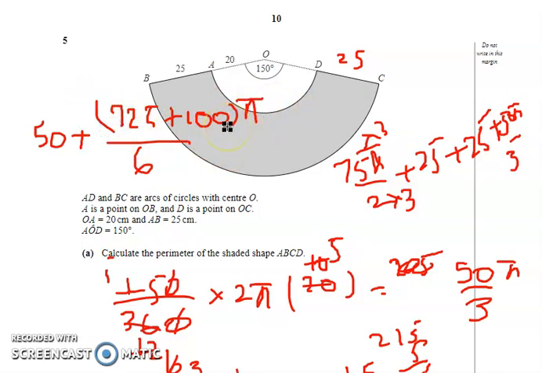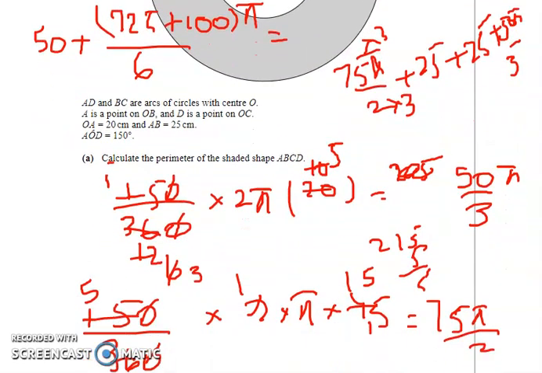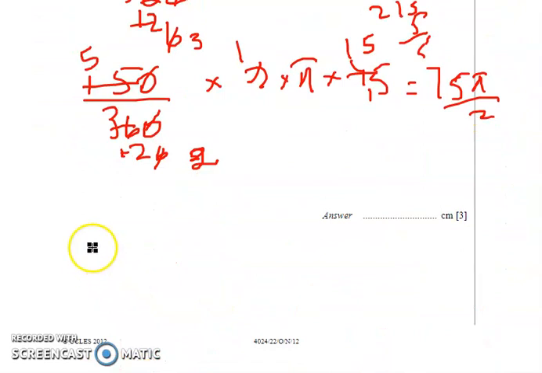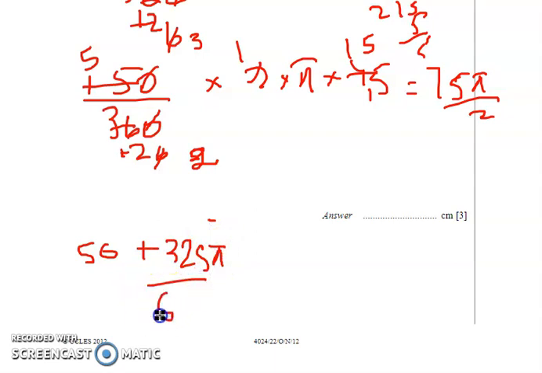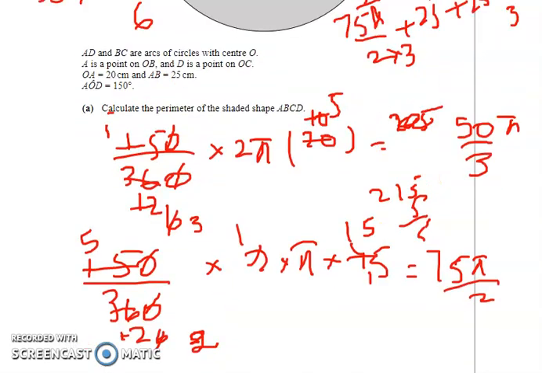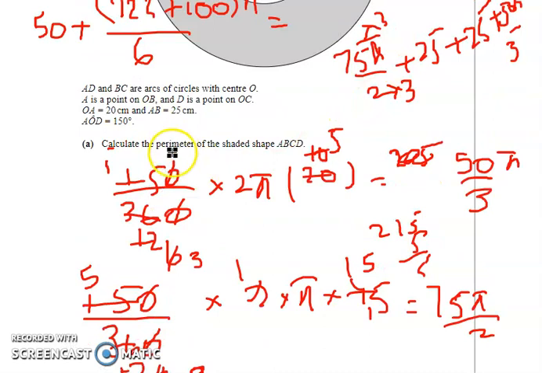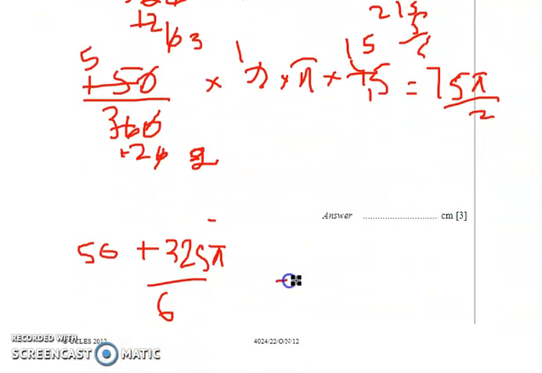pi, and that is divided by 6 basically. So we can even leave our answer like this, 50 plus 325 pi over 6, because it is telling us to give in terms of pi. It has not told us to, we can give our answer like this, or we can even simplify it.